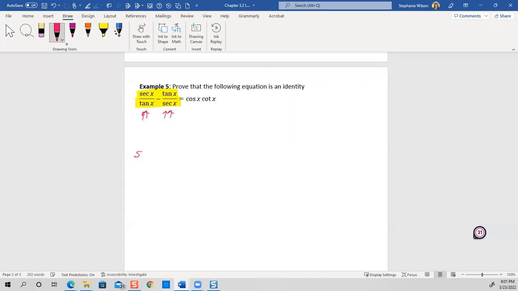The first one needs to be multiplied by secant x over secant x, and the second one is going to be multiplied by tangent x over tangent x.